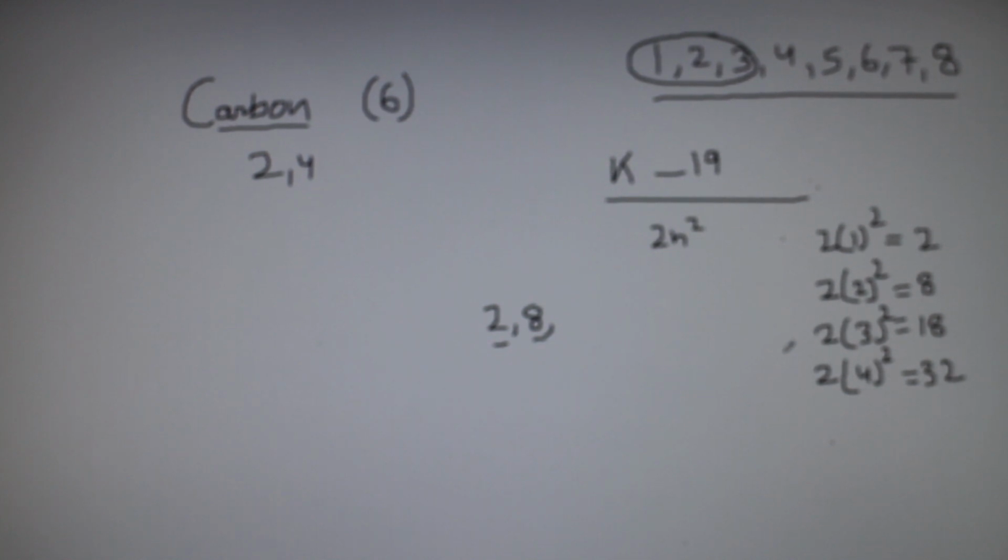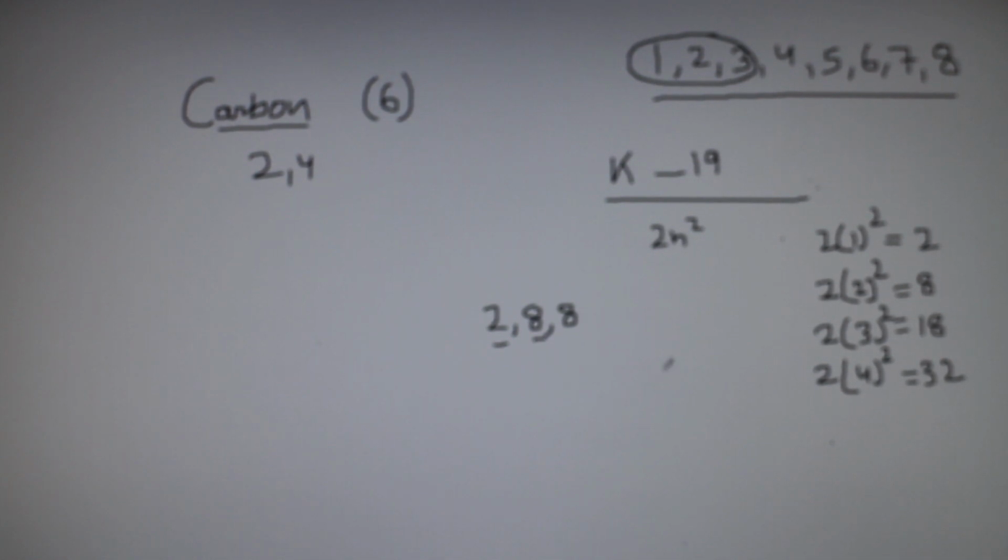But as an exception in the configuration rule, the third shell can hold more than 8 electrons only if electrons are there in the fourth shell. So I said if the fourth shell is filled. So then we'll put 8 electrons in the third shell, and the next electron is going to go to the fourth shell.